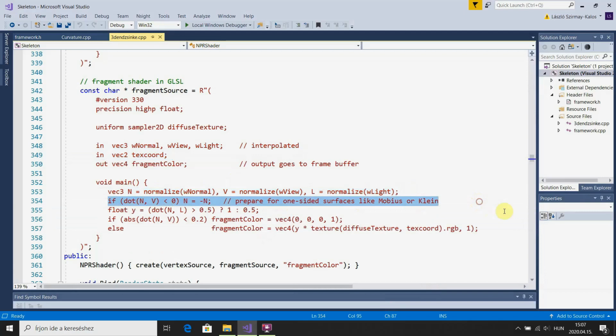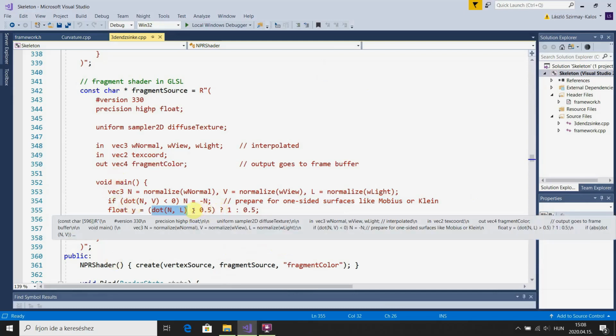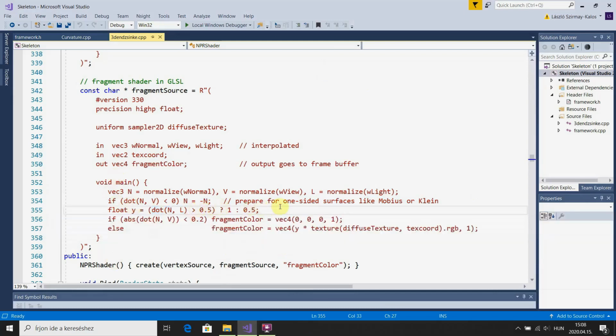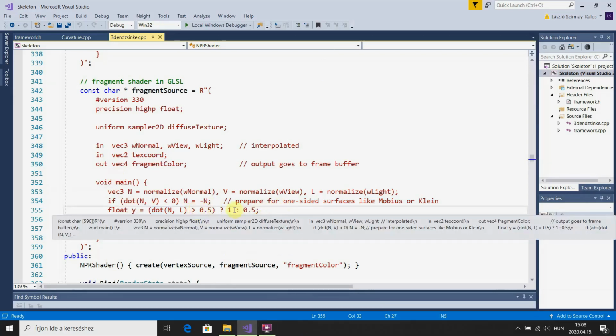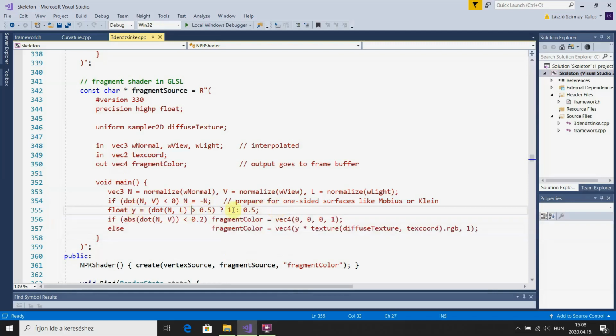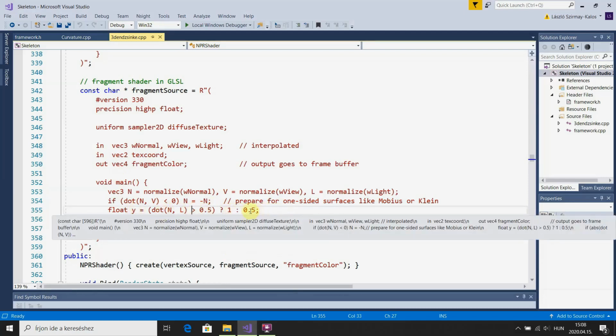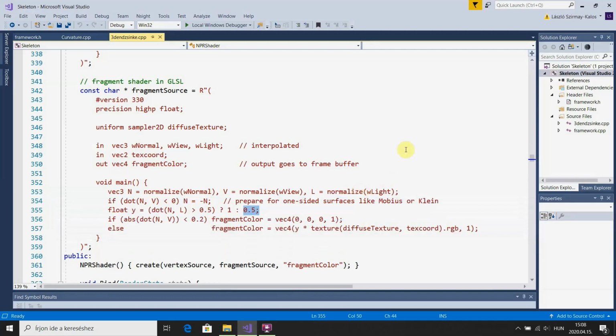Again, we check whether we see the front face or the back face, and if it's a back face, the normal vector is flipped. The Lambert's law uses the cosine of the angle between the illumination direction and the normal vector. This cosine is quantized, which means that we check whether this cosine is bigger than 0.5 or smaller than that, and then the two cases are identified by two numbers, 1 and 0.5 respectively.